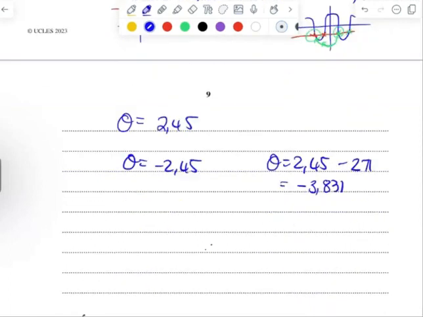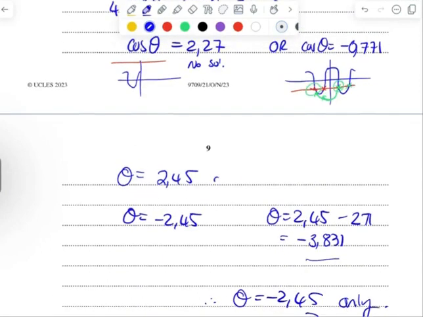So therefore my theta is minus 2.45 only. So this is outside of the domain. Outside domain. And this is outside domain.